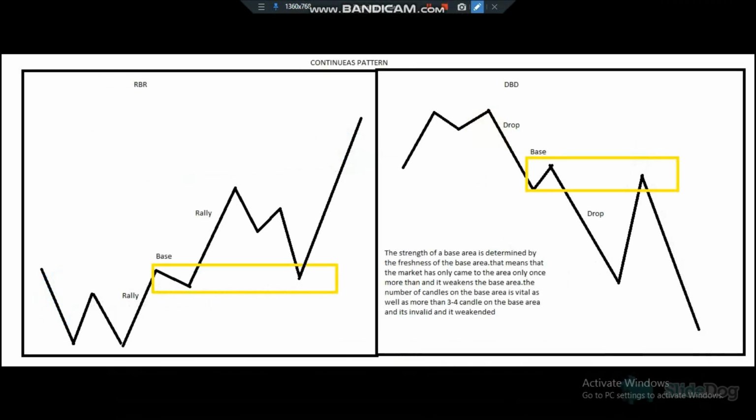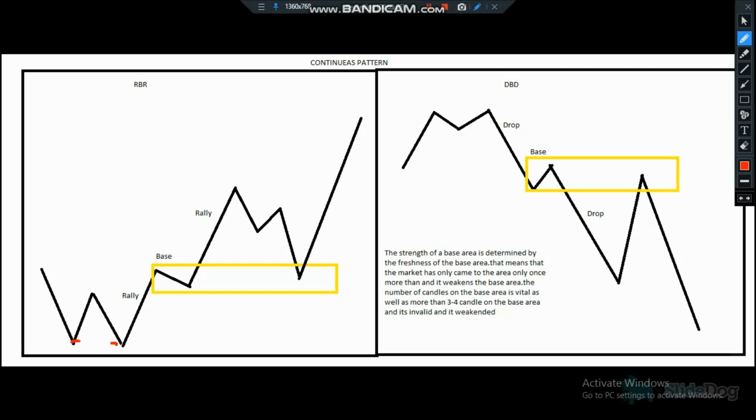Now we'll start with our continuous pattern. The continuous pattern is very nice and very simple. This is where the market has already completed the peak formation, low or high, completed the first leg, come back to the second leg, and has created a level violation. The level violation thus becomes our base area. So we have our first leg, second leg of our W formation, with our rally, impulsive move up, base.